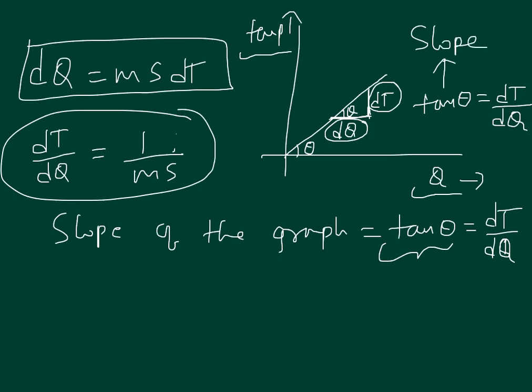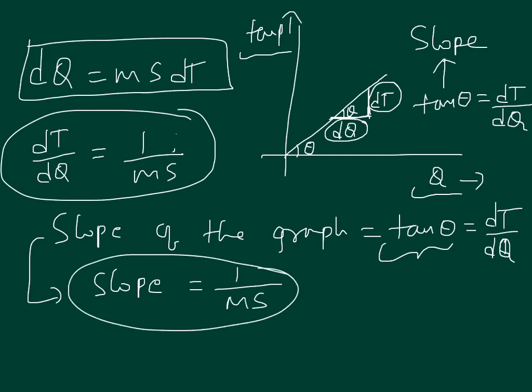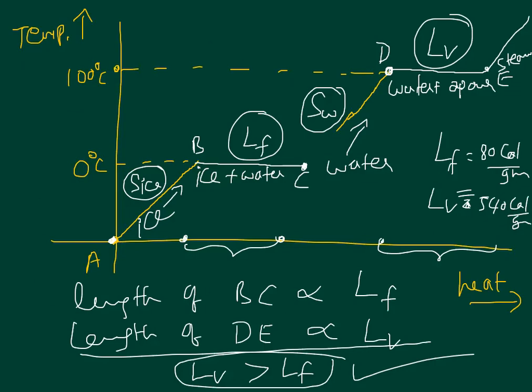So dT by dQ, from here what I understood is the slope is nothing but 1 by mass into specific heat. From here you can understand that the slope of the AB graph in the previous graph, observe carefully, I am taking from A to B. The slope of AB is related to ice.